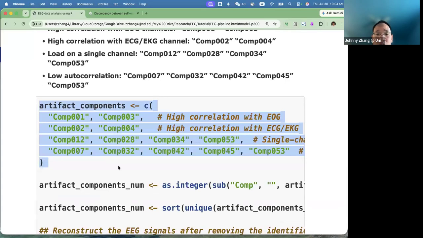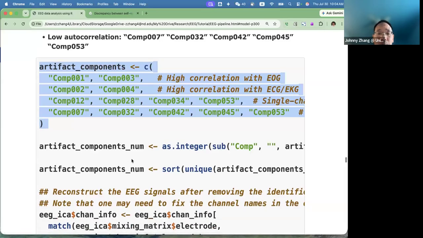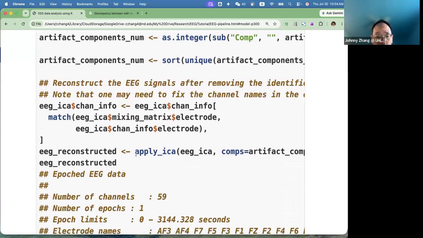So next I want to remove those components and reconstruct the EEG signals. To reconstruct those signals, we can use this function. So this is our EEG data analysis. And then we need to tell which components to remove.